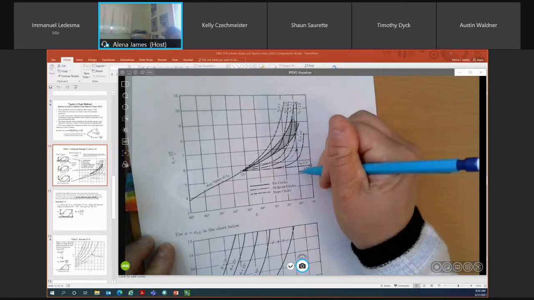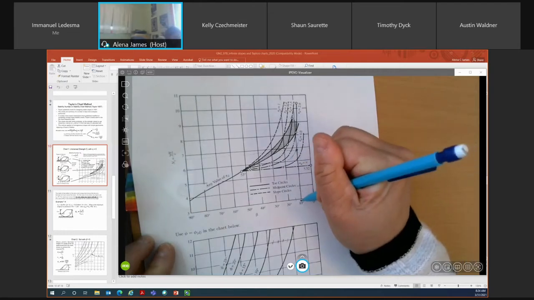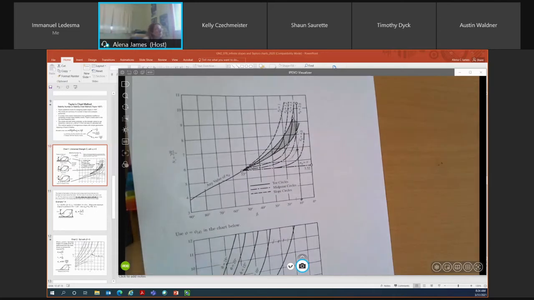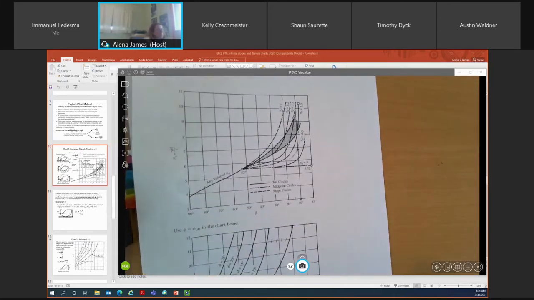So I draw a vertical line down to my x-axis, and I can determine the maximum slope that I can have for my slope to be considered stable. So my maximum beta value is 10 degrees. So that's how I use my Taylor's chart.